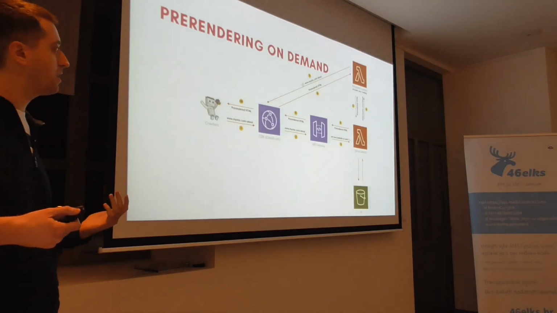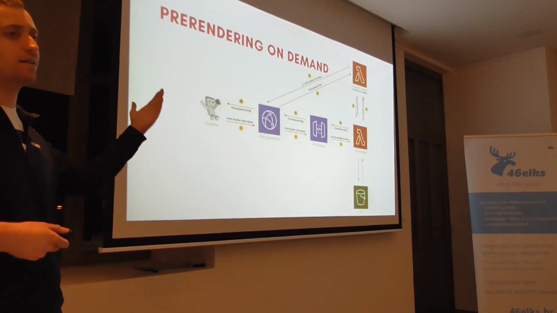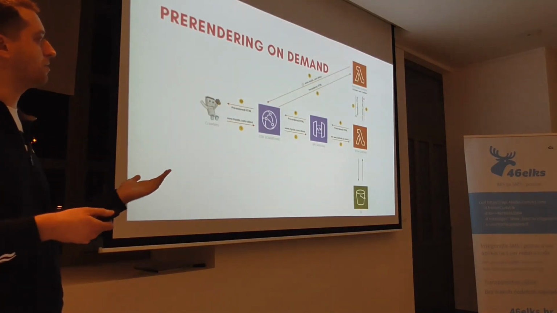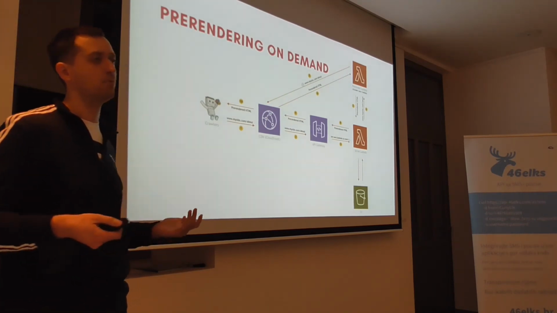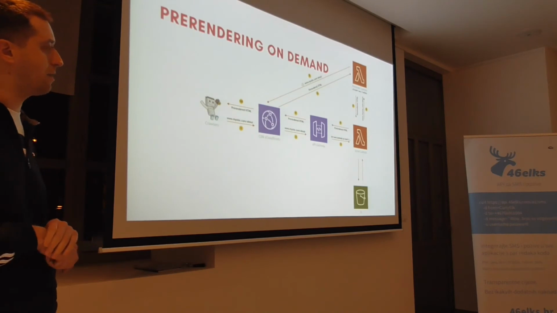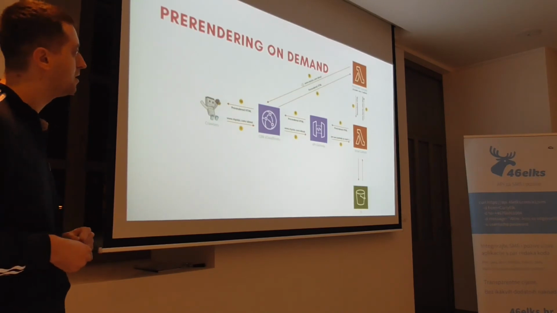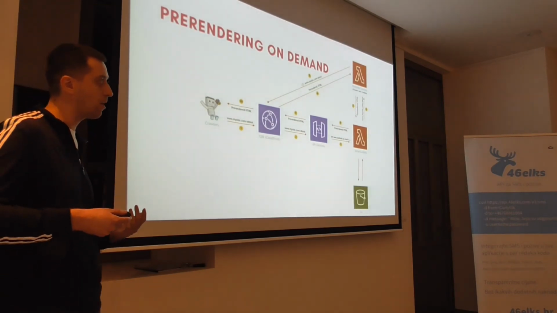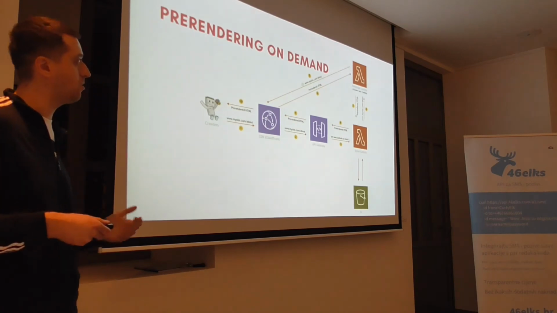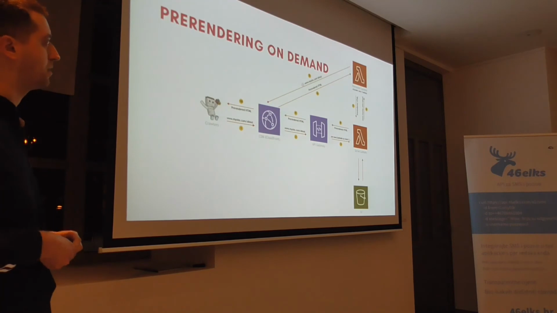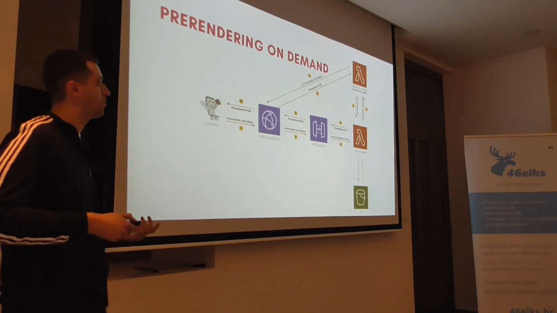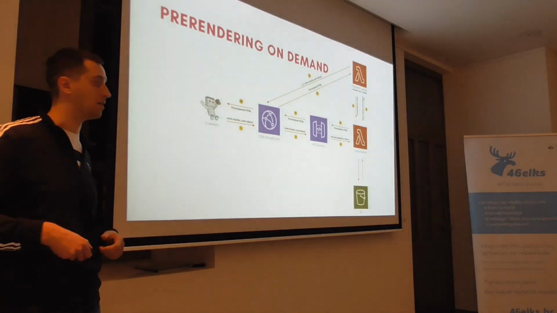So when a regular user visits your site, we don't need that much power, right? We just want to serve a regular file. And a Lambda function with minimum amount of RAM will do the job just fine. So only when a web crawler reaches your site, only then we trigger this pre-render Lambda with lots of RAM. And of course, the point of that is to save us money along the way.